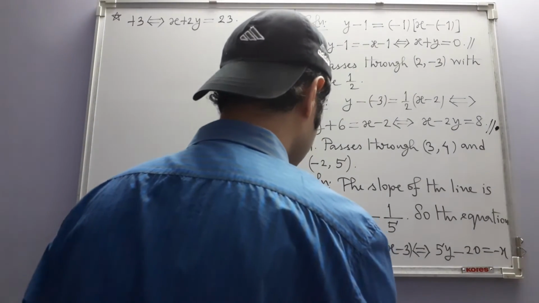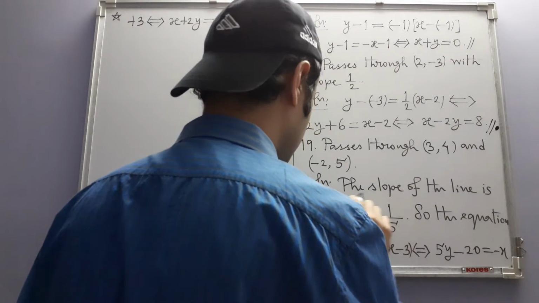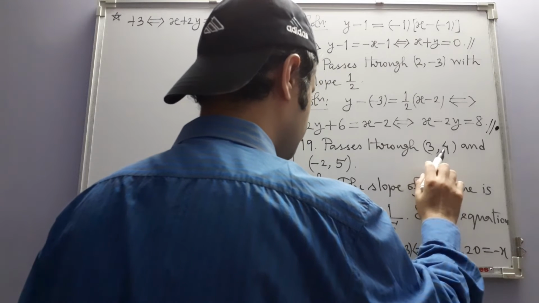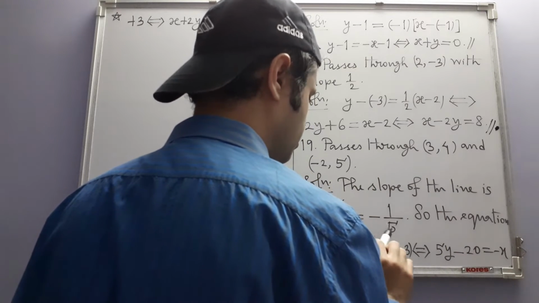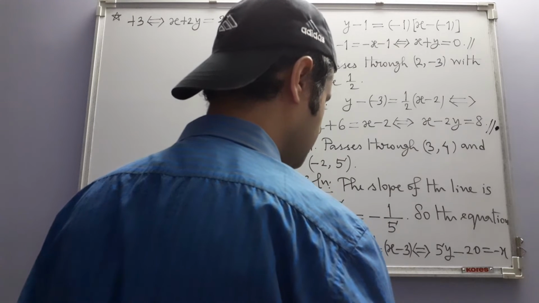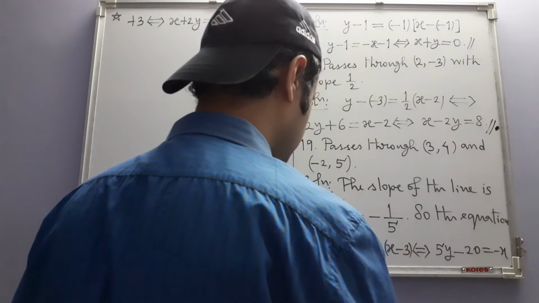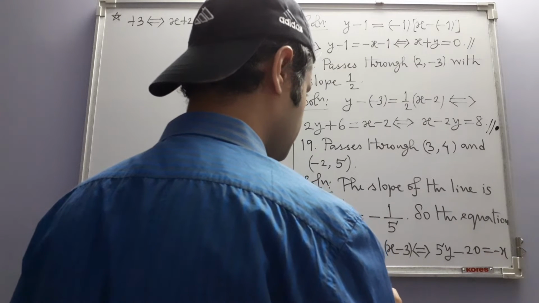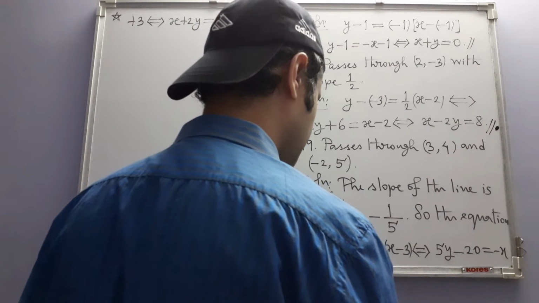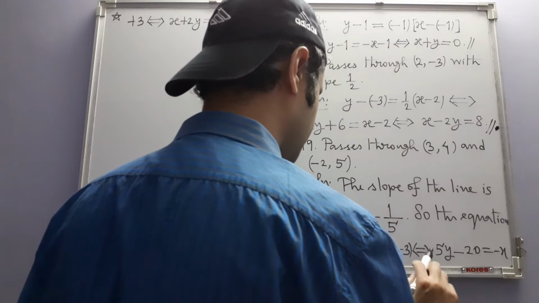Let me just re-verify. 4 minus 5, 3 minus 2. So this is 5, this is minus 1. So the equation is y minus 4 equal to minus 1 over 5 times x minus 3. I have then multiplied by 5.